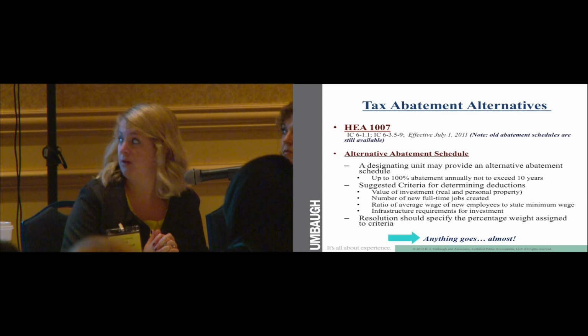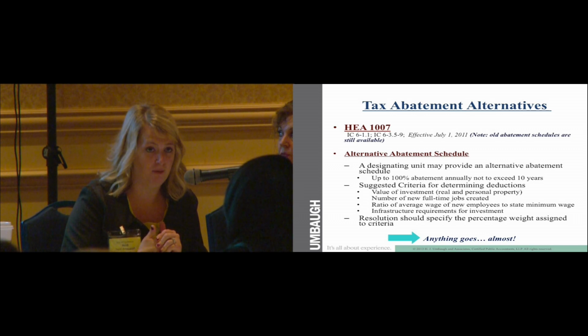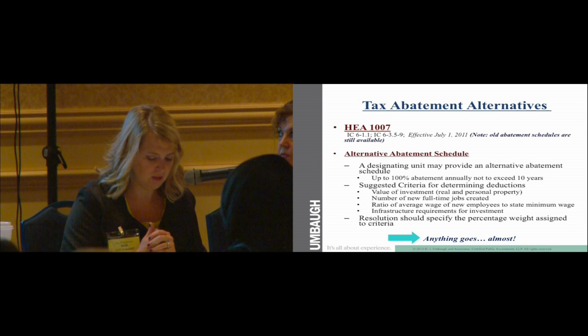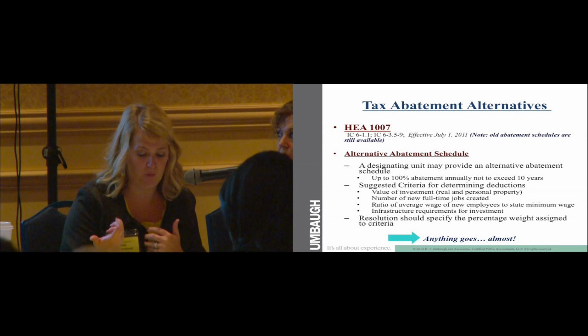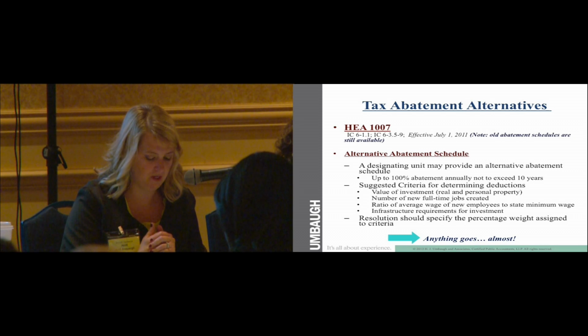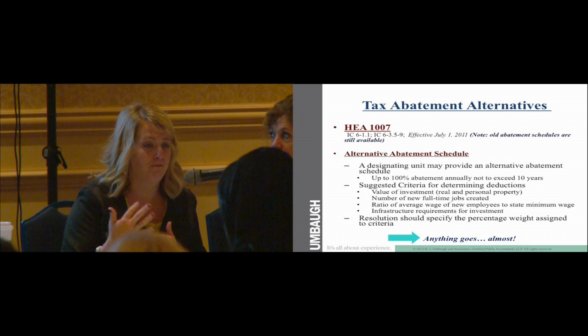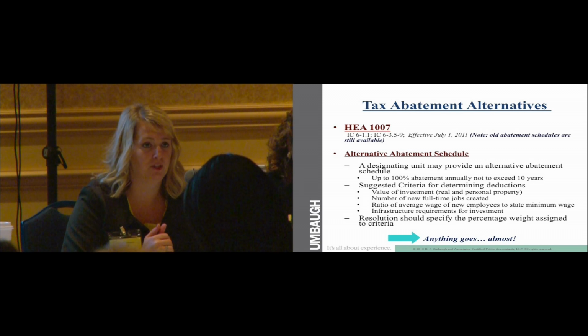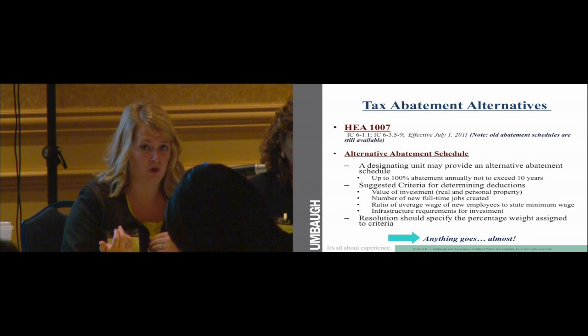One is the value of the investment, the real and personal property; the number of new full-time jobs that will be created from that development; the ratio of average wage of the new employees to the state minimum wage; and the infrastructure requirements for the investment. So there are several things that have to be considered before they can even go down this path.